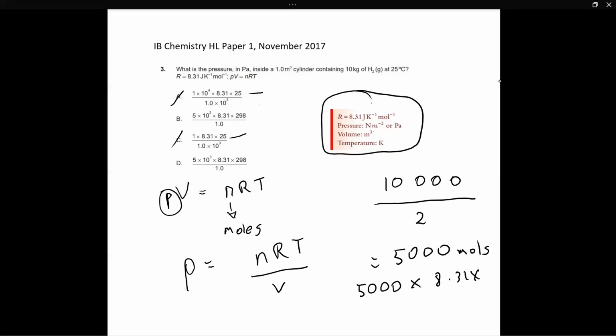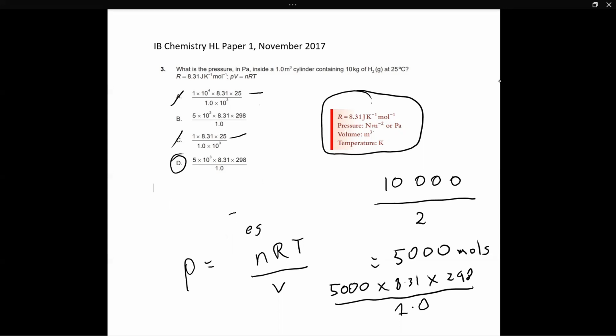Sorry, I'm just going to move this over here because I think I've got it a bit congested. 5,000 times 8.31 times 298 divided by the volume in meters cubed, which is just 1.0. Now, if you look at the options B and D, the answer is D, because 5,000 is nothing but 5 times 10 to the power of 3. So D is the answer.